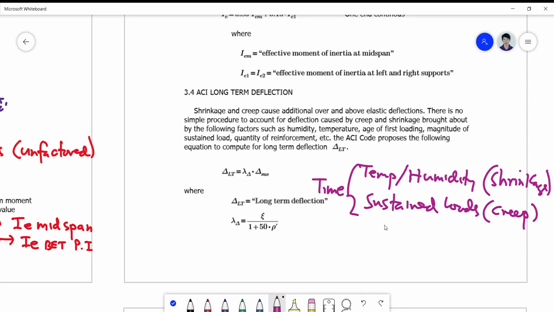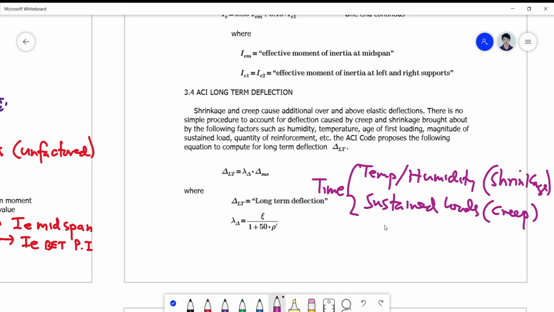Okay, so the formula is actually simpler in ACI than that proposed by a lot of authors in the book, and this is a practical way of handling your long-term deflection because, as we all know, the prediction for deflection is quite difficult.